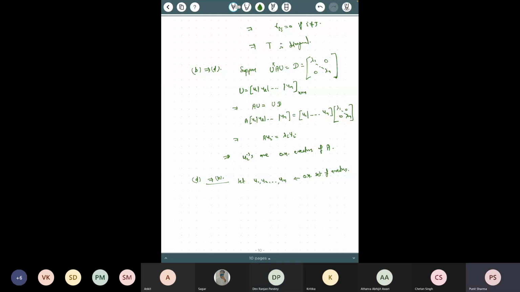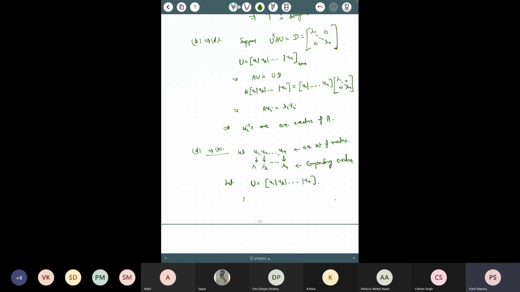So yes. Suppose that these are the eigenvectors given to you, and assume that these are the corresponding eigenvalues. If you set U as he's saying, where the columns of U are nothing but these Ui, then you can easily verify that AU is equal to UD, and this would imply that U star AU is equal to D, where D is a diagonal matrix.